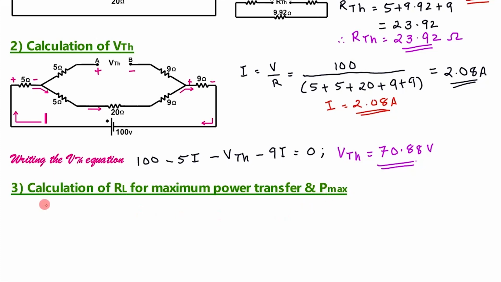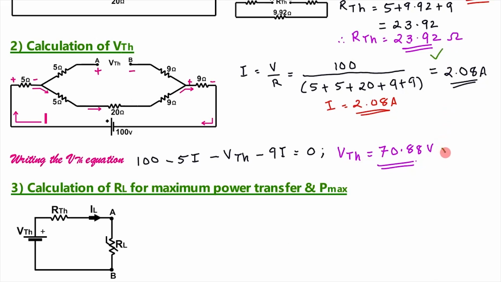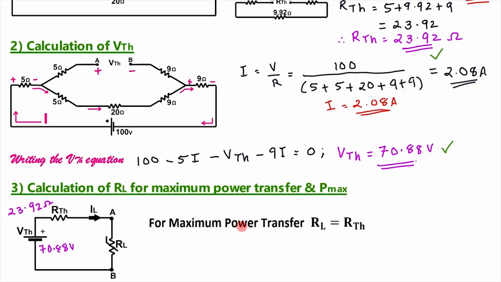Next, we have to calculate RL for maximum power transfer and the maximum power transferred, Pmax. For that, we will draw the Thevenin's circuit. See this RTH and VTH we found out, and VTH is equal to 70.88 volt and RTH is equal to 23.92 ohm. As per the maximum power transfer theorem, for maximum power transfer this RL must be equal to RTH.